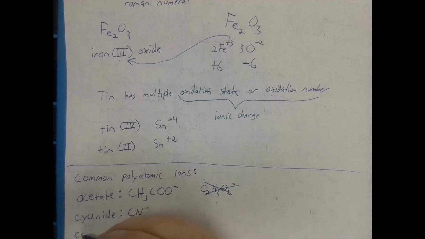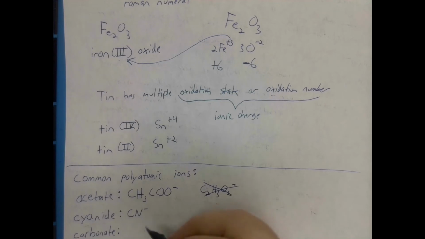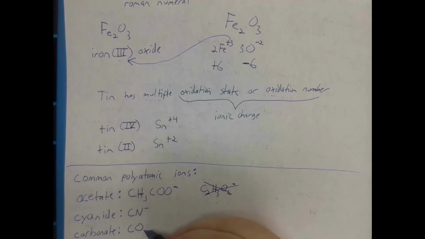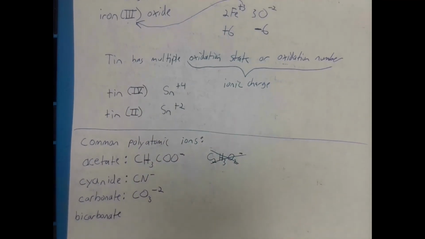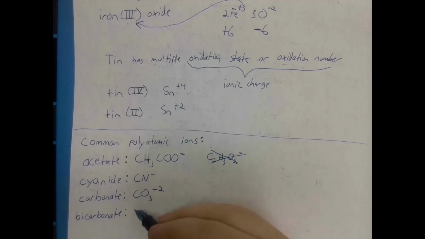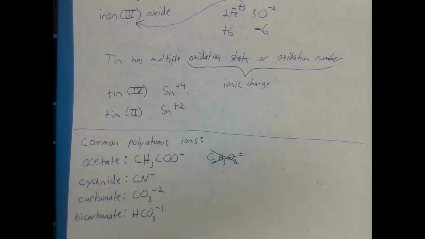So you should already know this one, carbonate. So carbonate is CO3 negative 2. But then we have this, bicarbonate. Bicarbonate adds a hydrogen to it and reduces, because a hydrogen is +1, the +1 and -2 make -1.